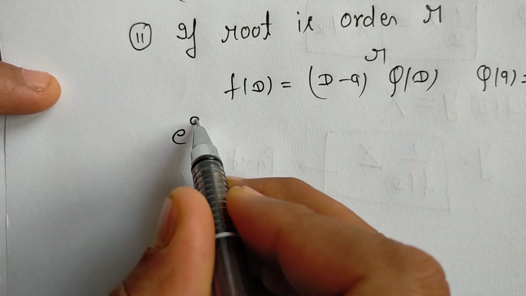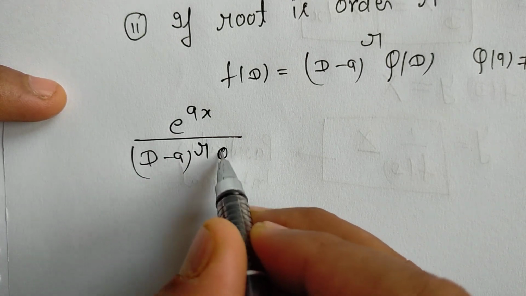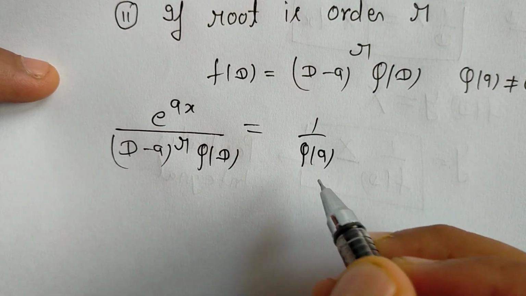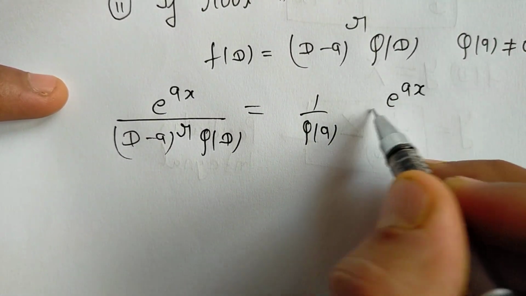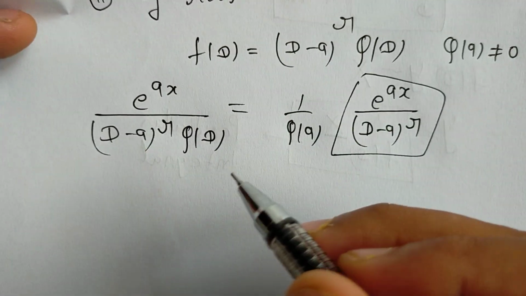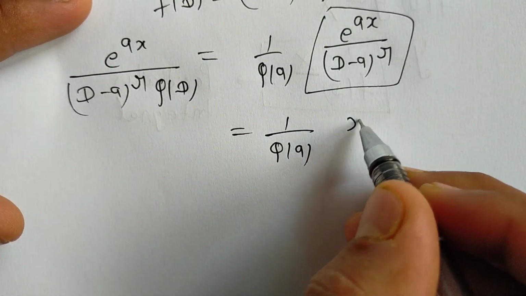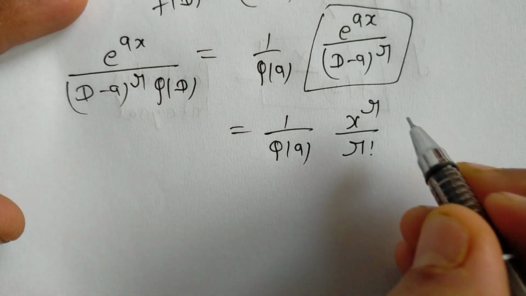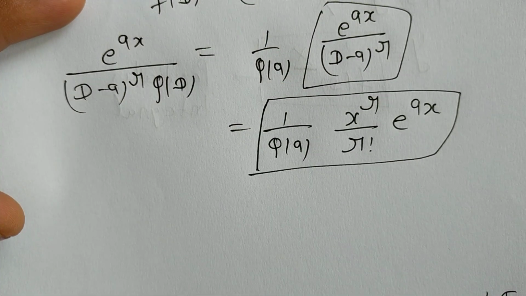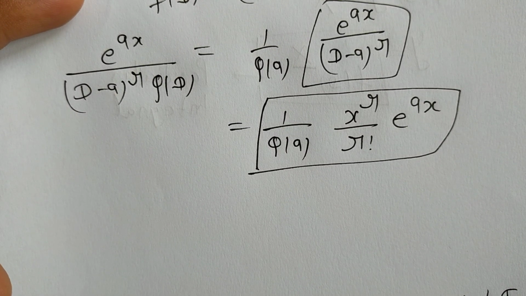Then the particular integral e power ax by (D minus a) power r phi(D) will be 1 upon phi(a) times e power ax by (D minus a) power r. So this we can find using the formula. So we get 1 upon phi(a) times x power r by factorial r times e power ax. So this is your particular integral. Directly we are getting the particular integral using the formula.